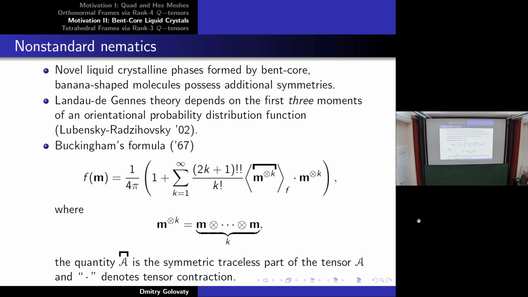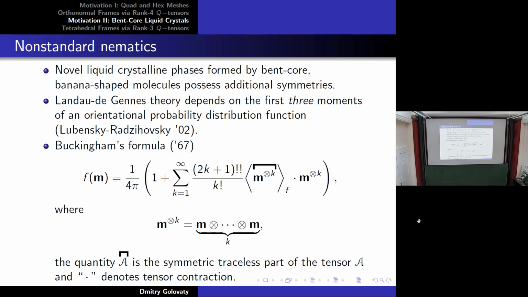All right. So why would you want to tile the space with tetrahedra? One possible thing which might be of interest in material science: in the previous case of orthonormal frames, you can think about a cubic lattice, and you want to fill the domain with a cubic lattice.